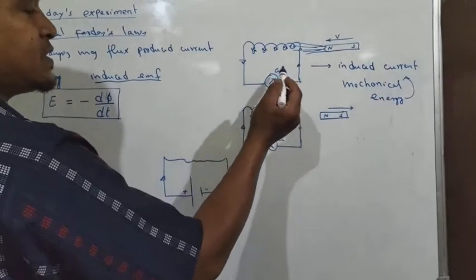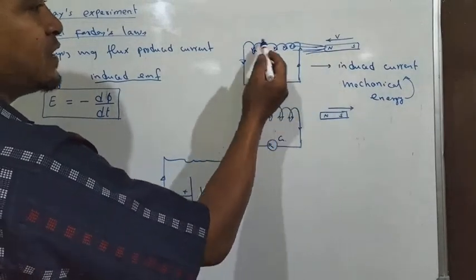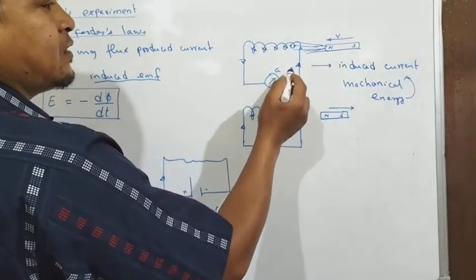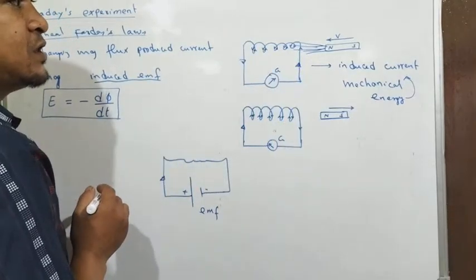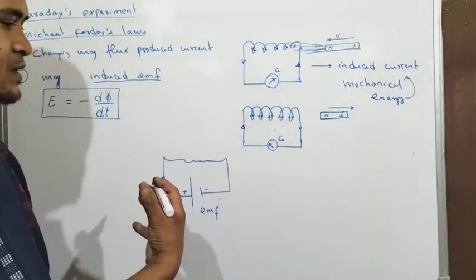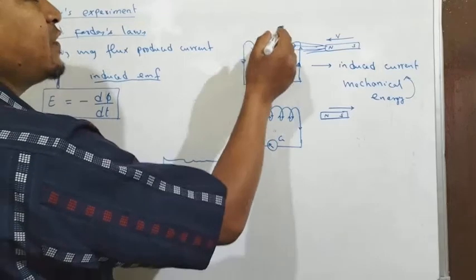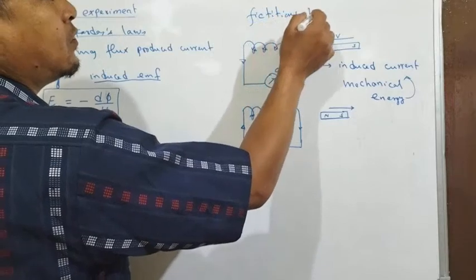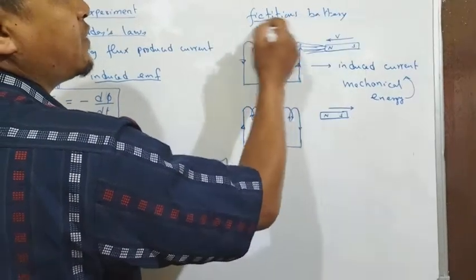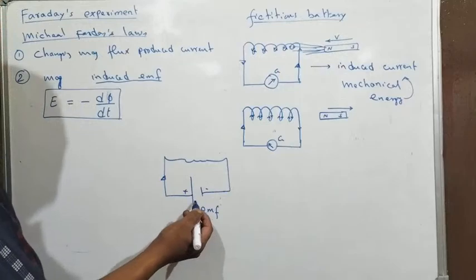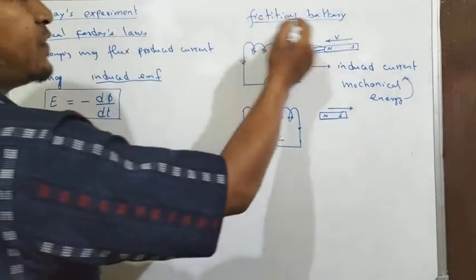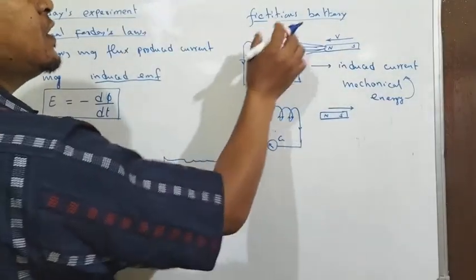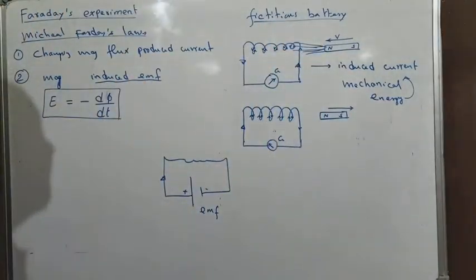But in this case, do we connect any cell in the circuit? No. But there is a current. So when there is a current, it means there is a fictitious battery, which behaves like the cell of the circuit. So this fictitious battery or fictitious cell which is present in this circuit is known as the induced EMF.